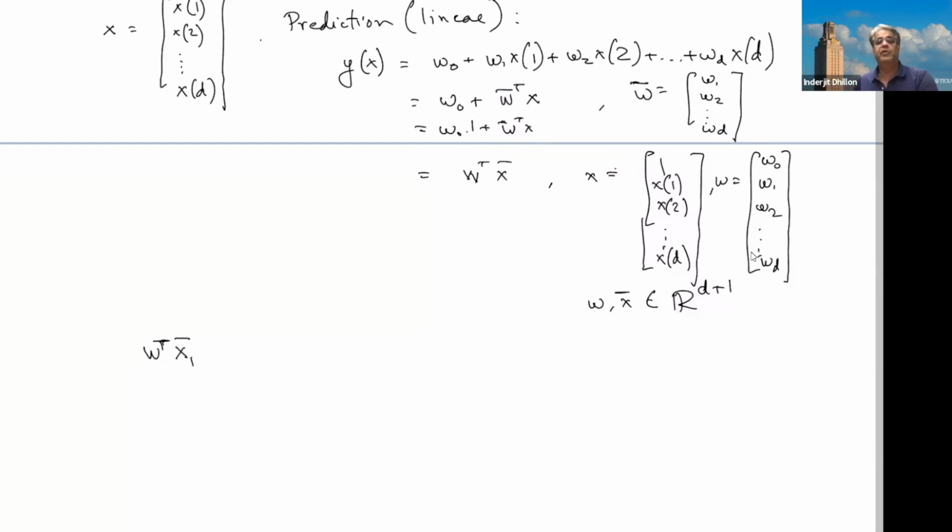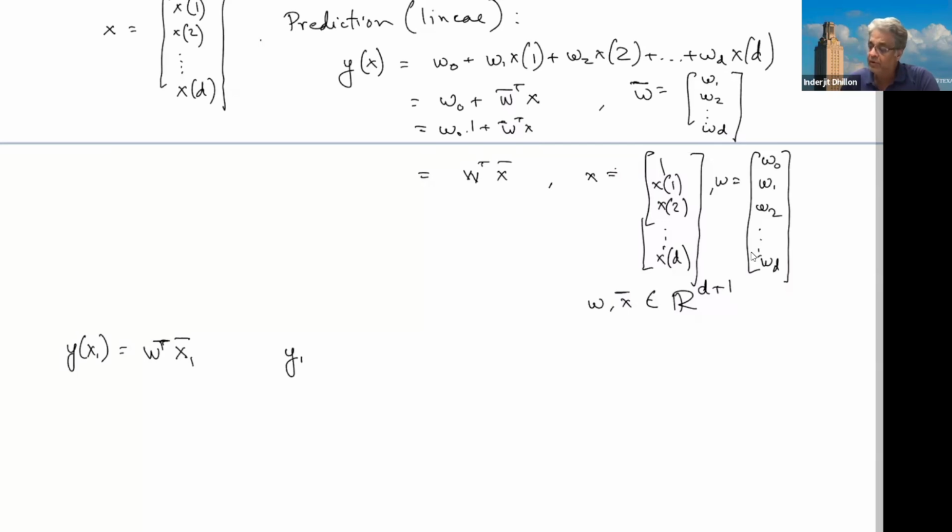And what was its corresponding label? Well, its corresponding label is Y1, right? But remember that this is the prediction. I'm going to call this Y of X1. This is my prediction. The given label, the value that we wanted to take, is Y1.